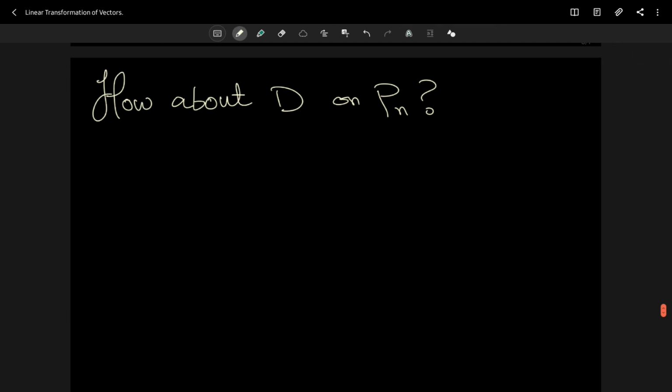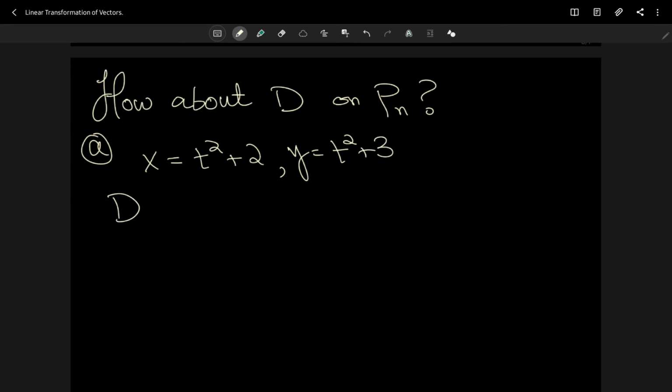Okay, now for part A, let's take some x, which is t squared plus 2, and some y, which is, let's say, t squared plus 3, right? Now with this, if I were to take this Dx, which is simply the derivative of this function with respect to t, what is that?